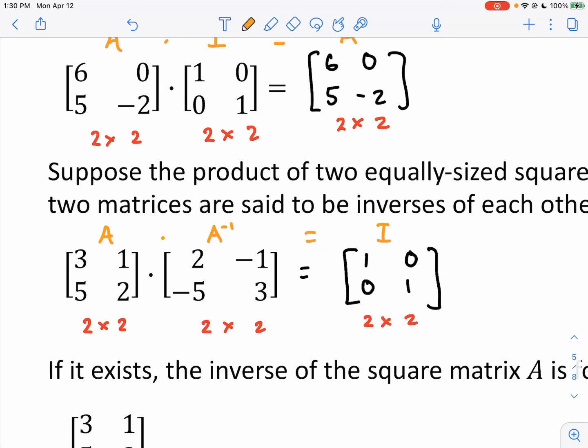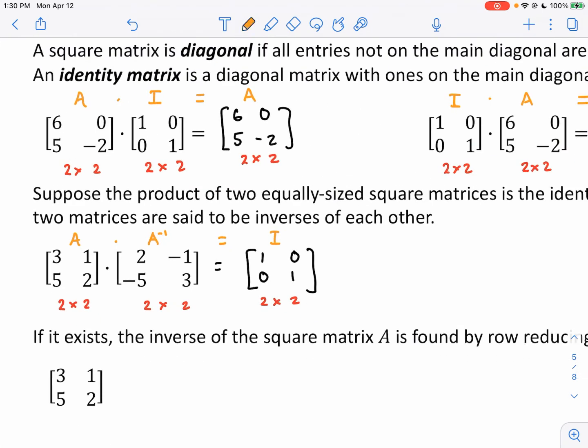So the inverse of a matrix A is another matrix, so that when you do A times that inverse, you get the identity matrix. These ones will also commute. I'm going to leave this to you to verify, but if you switch the order of this multiplication and then redo it, you will also get I. So a matrix times its inverse, they commute with each other.